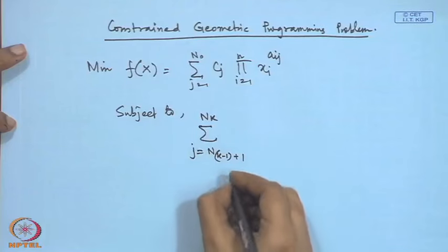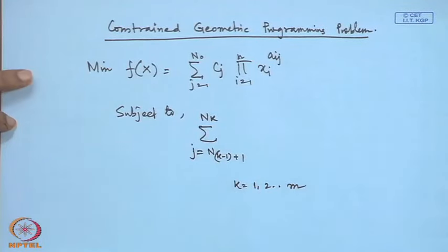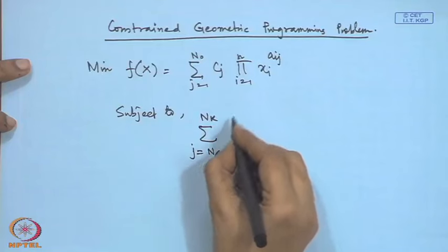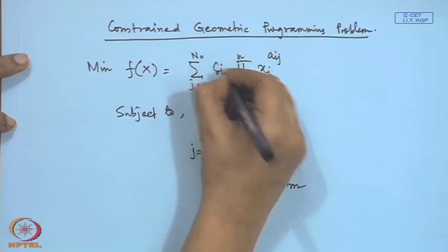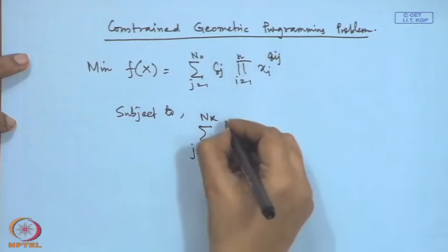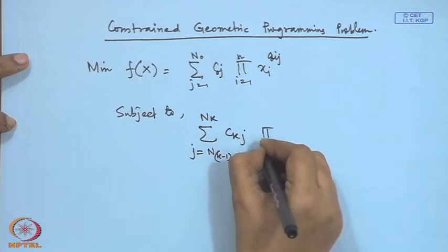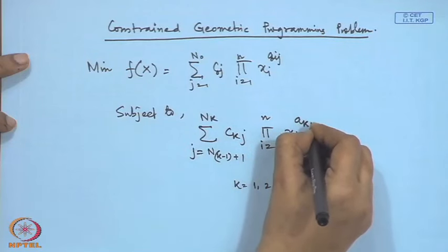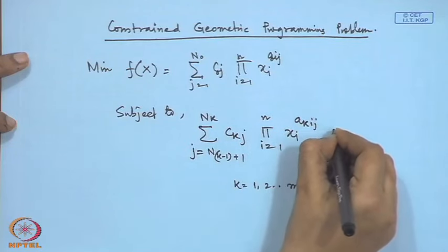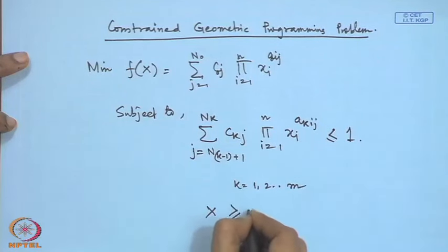That means we are having, say, m number of constraints, all right, and the functions, let me consider these as c_0j and a_0j; we can consider them as c_kj, and the product for i is equal to 1 to n of x_i to the power a_kij, less than or greater than or equal to 1, and by considering x greater than or equal to 0.